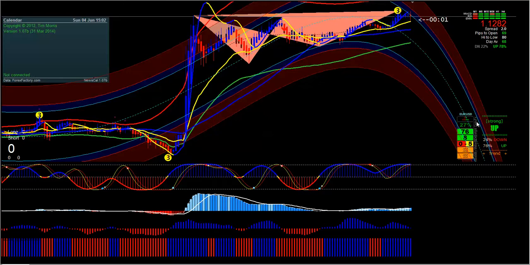Okay, this indicator here to the left basically is doing the same exact thing. The higher this number is, the better. The lower the number is, it means you're getting ready to lose the validity of the strength of the upward trend. Okay, this number here is your actual percentile of the current trend that you're in.